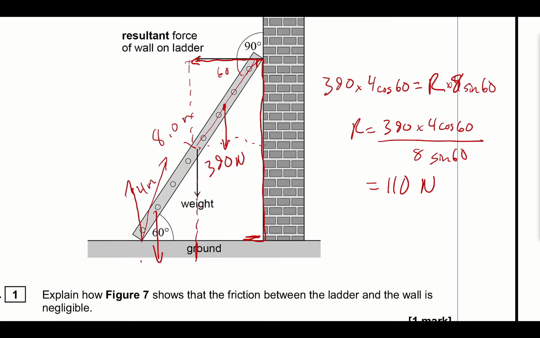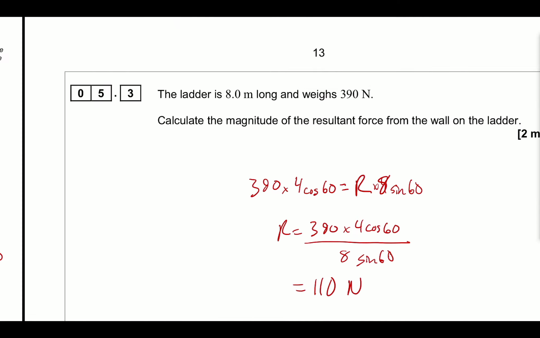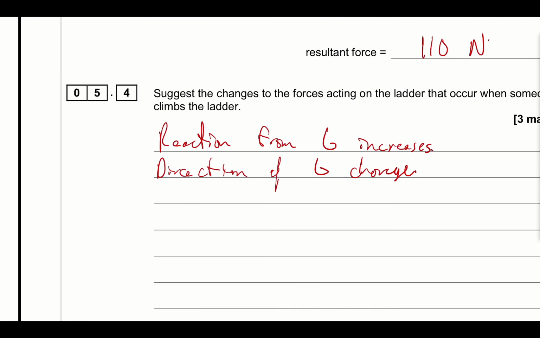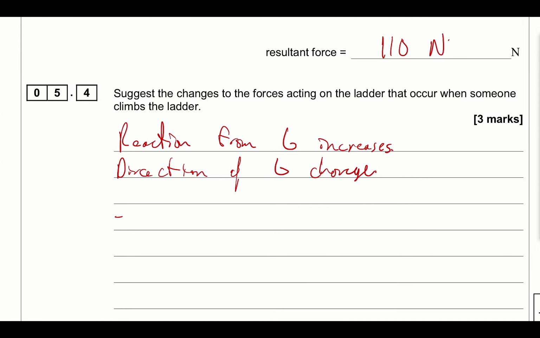So a ladder is most likely to come off the wall when somebody is low on the ladder, and it's most likely to slip when somebody is high up on the ladder. Those are the points you would have to add to get the 3 marks.